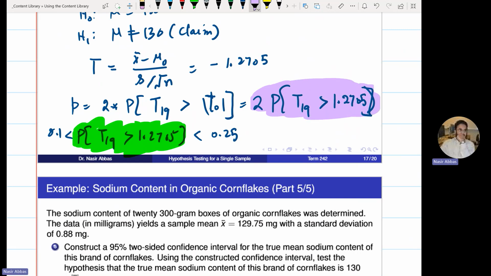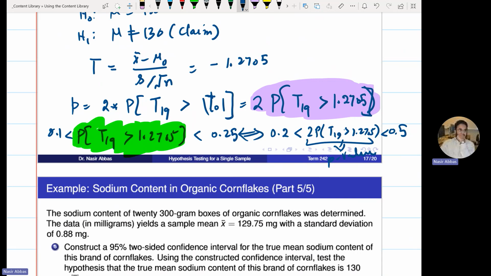So I need to multiply the whole inequality by 2. When I do that, I have 0.2 less than 2 times the probability of T19 more than 1.2705, which is the p-value, less than 0.5. So your p-value is between 0.2 and 0.5.